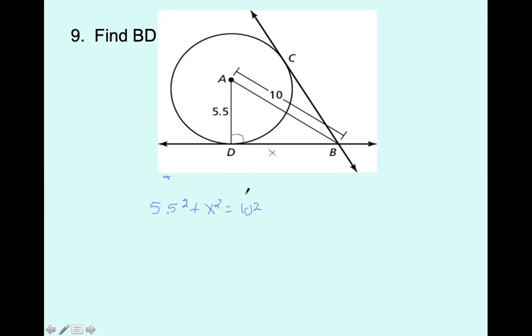So I'm going to grab my calculator and do 5.5 squared. So that's 30.25, plus x squared equals 100. I'm going to subtract 30.25 from both sides.